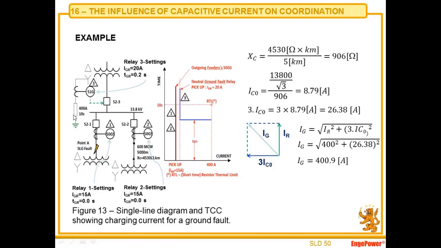So 5% here is 20 amps. So this relay was set to 20 amps. We should never put over this value because you can burn this resistor.